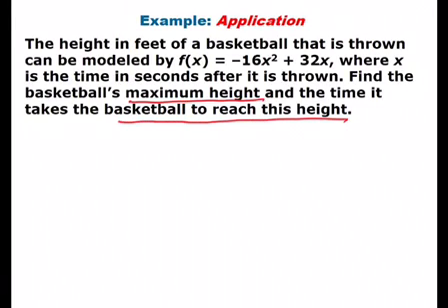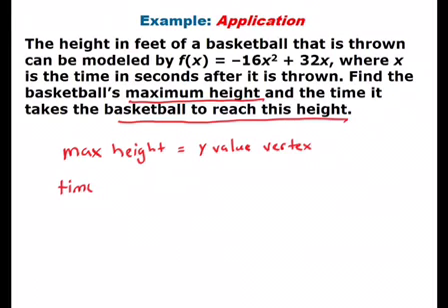So we're looking for two things, and we have to know what each of these things means. So max height, when you think about the maximum height of something, or at least in a parabola-shaped graph, the max height is actually going to be your y value of your vertex. Okay, so y value of a vertex, where the time to max would be your x value.